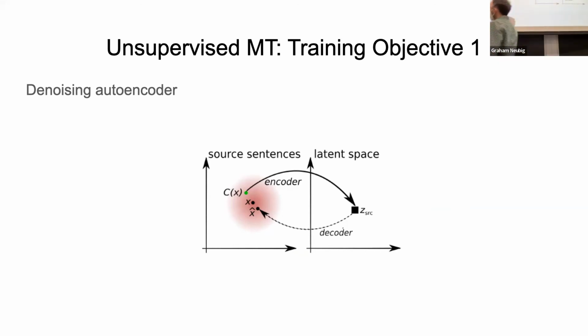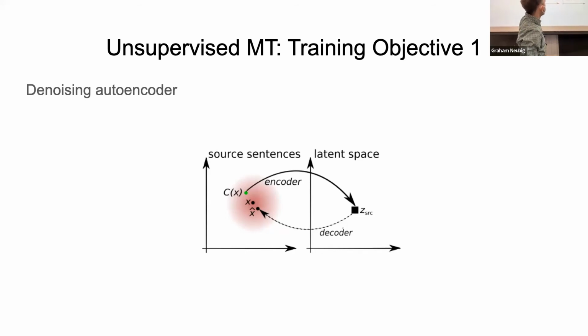One example of a denoising objective would be just to cross off individual words here and try to reproduce the original sentence from the crossed off words. So we set their word embeddings to 0 or something like this. That would be going from this X to the CX.